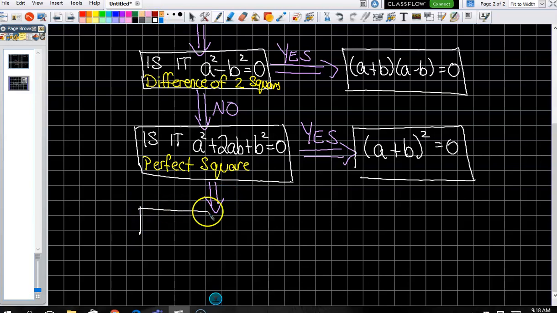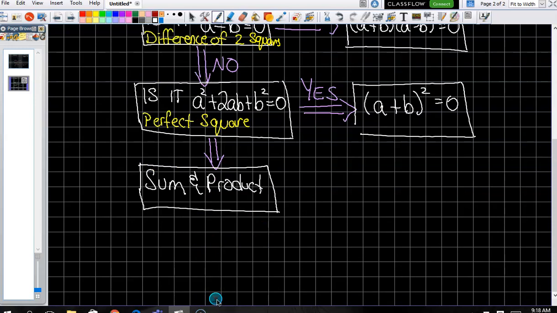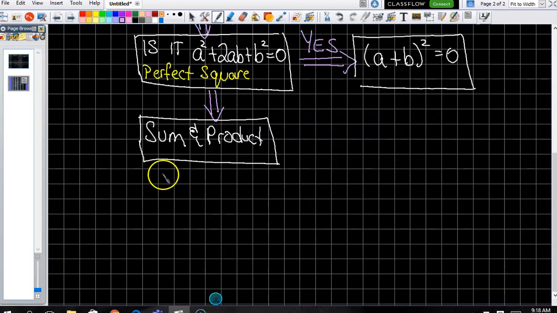You say product and sum, I go sum and product, but that's okay. And what do we mean by that? Well, that's when we have, say, x squared plus 9x plus 14. Give me any number, I'll go with 14.